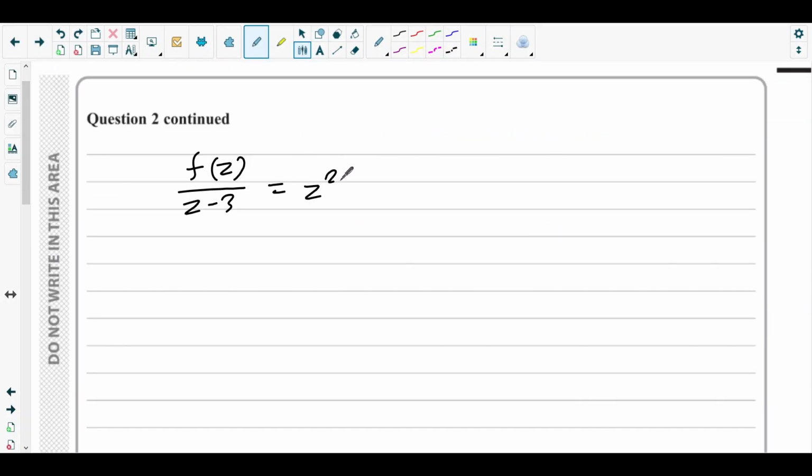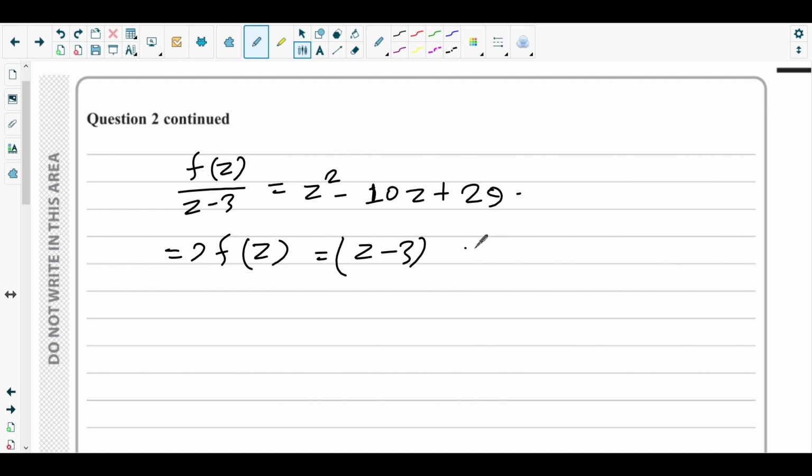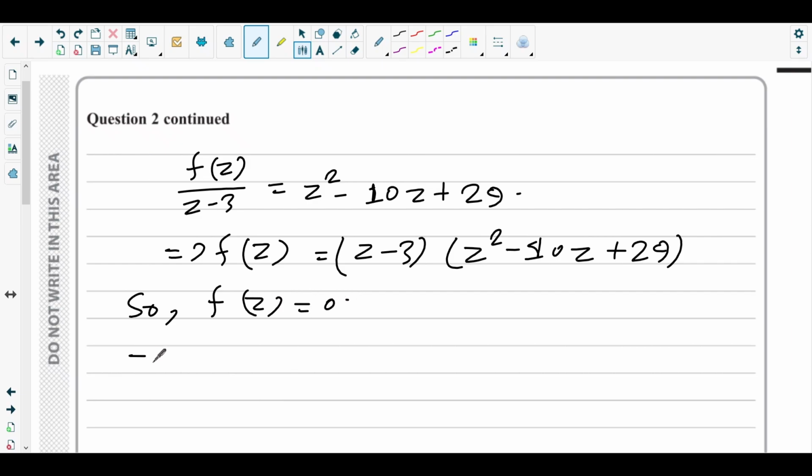So f(z) can be written as z minus 3 times z squared minus 10z plus 29. Now we consider f(z) = 0, so either z = 3 or we use the quadratic formula on the quadratic factor.